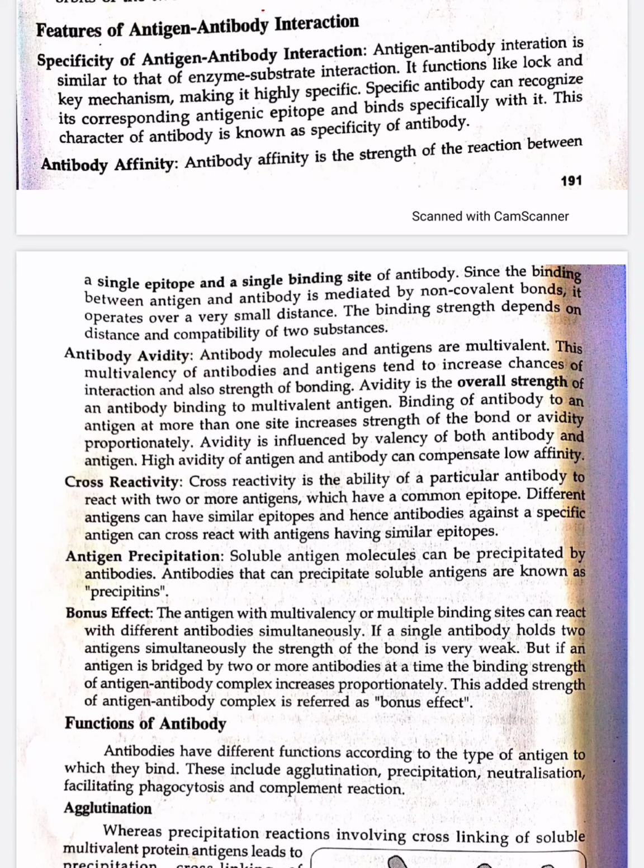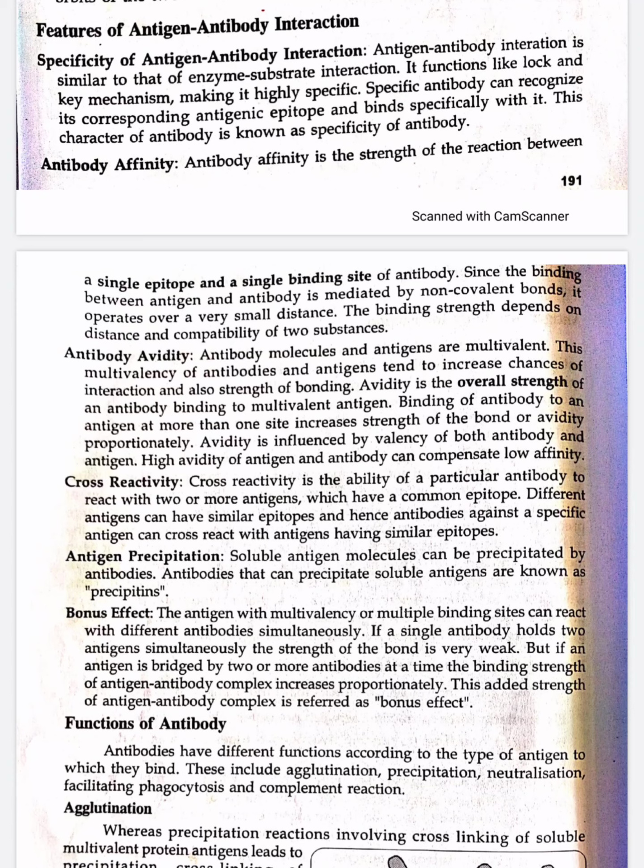We start with specificity. It is very clear that an antigen antibody interaction is very specific, and a single type of epitope can bind specifically with only a single type of paratope.